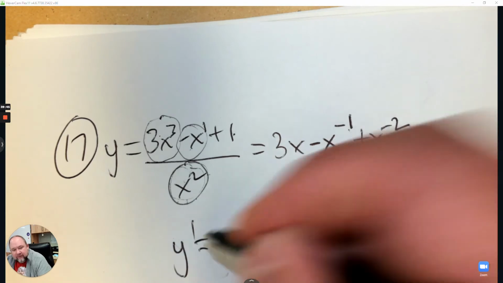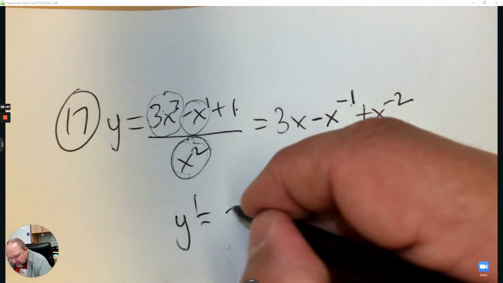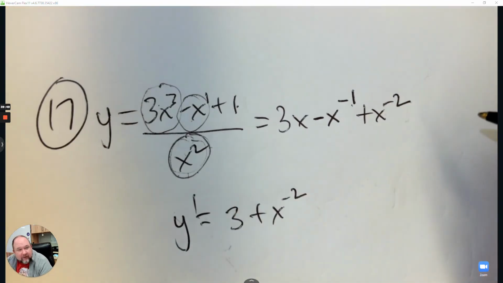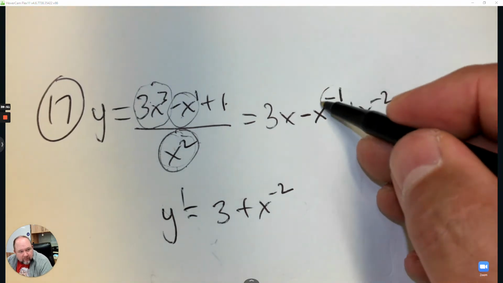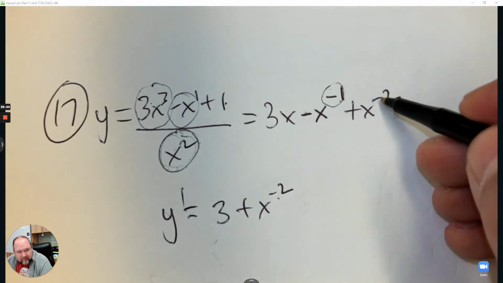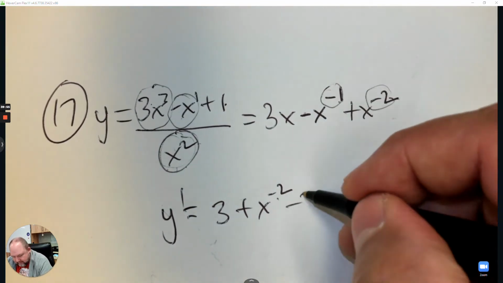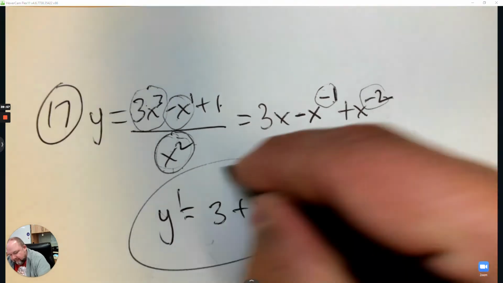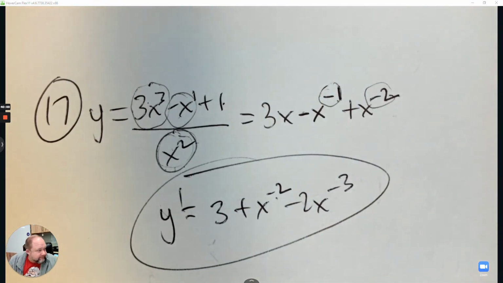So that when I take the derivative now, it would just be 3 plus x, subtract 1 to the exponent. So you're multiplying, and subtract 1 to the exponent, you're multiplying. Subtract 1 to the exponent, and you have your answer. 18.